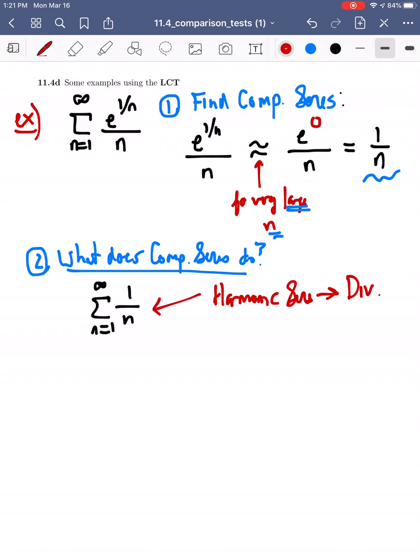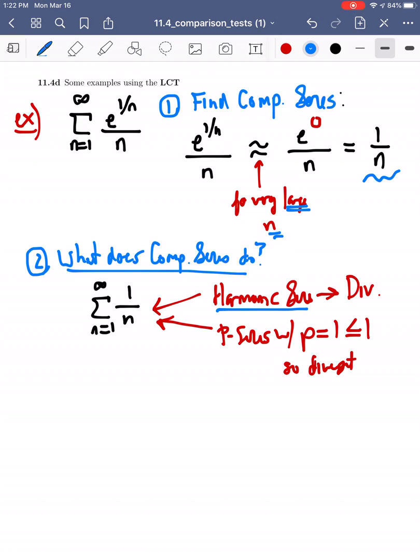If you didn't remember that this is a harmonic series, this is also an example of a p-series with p equals 1, which is less than or equal to 1, so it's divergent as well. So again, this is the harmonic series, or it's a p-series with p equals 1. But in either case, it is divergent. So we're comparing our original series then to a divergent series. And we're just going to go straight ahead and try limit comparison test on this problem.